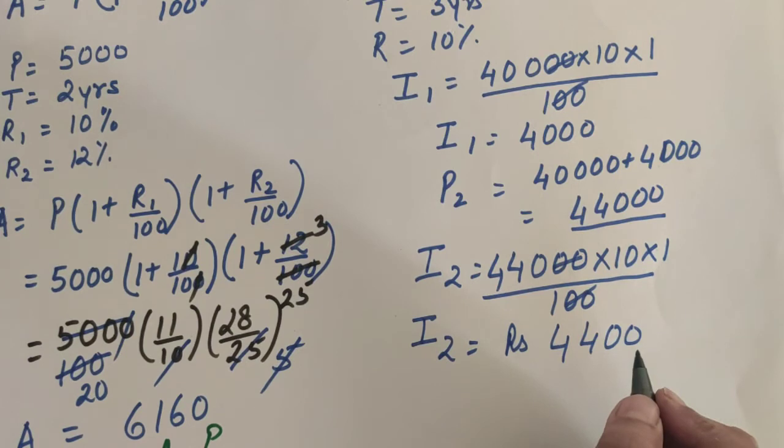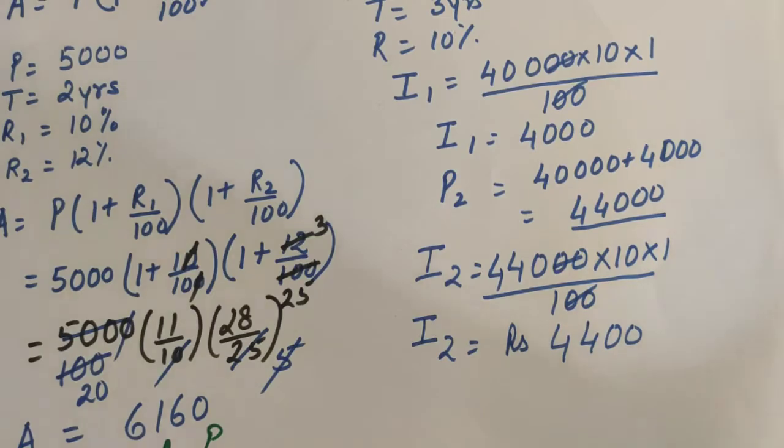That's what they have asked you in this question. They haven't asked you the compound interest at the end of the year or the total amount. So we just do till here only. The next sum that I will start with today is question number 10. Question number 10.